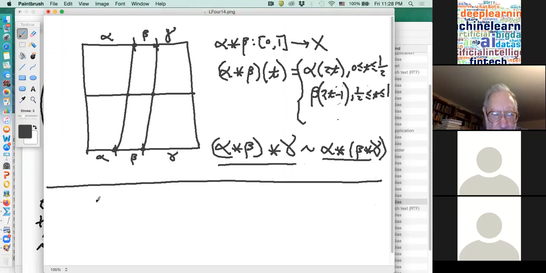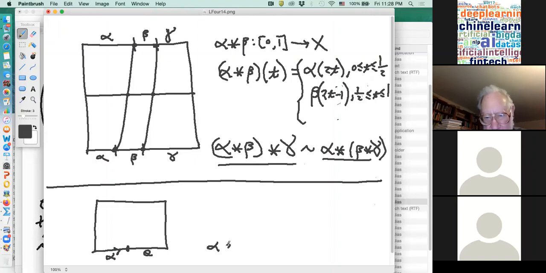And now one last thing, multiplication by E. Here is E, which is always constantly at the base point, and here is alpha. I'm multiplying on the left, on the right. And you want to see that it's homotopic to alpha, and so you just do that, changing your parameterization and staying at the base point for shorter and shorter periods.